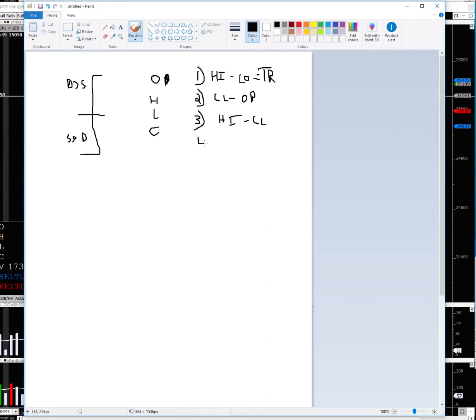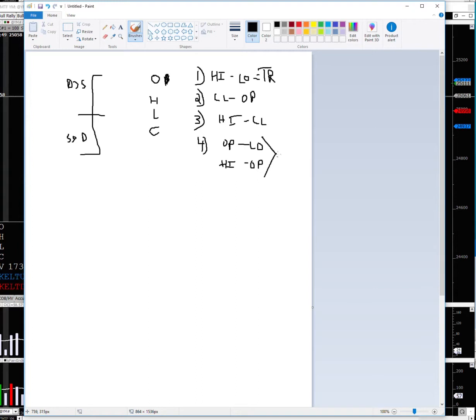And finally, the fourth ratio that we get is open minus the low for green bars, and high minus the open for red bars. Why is this important?